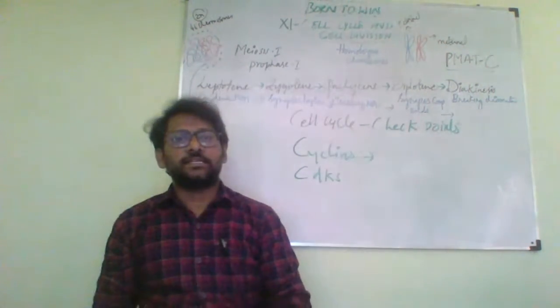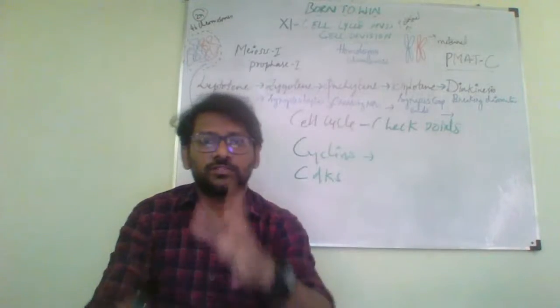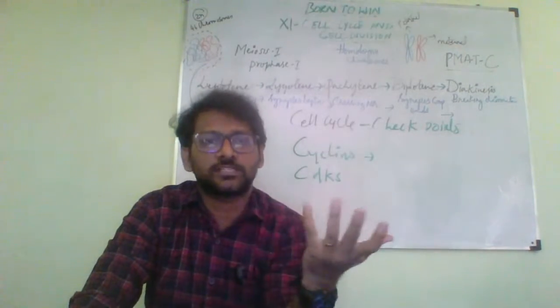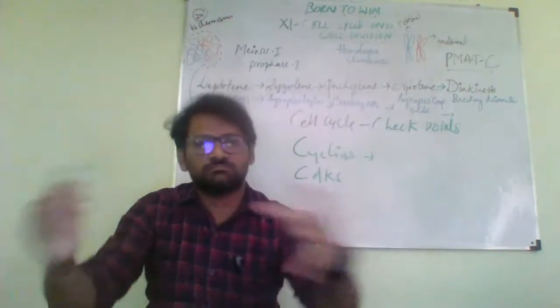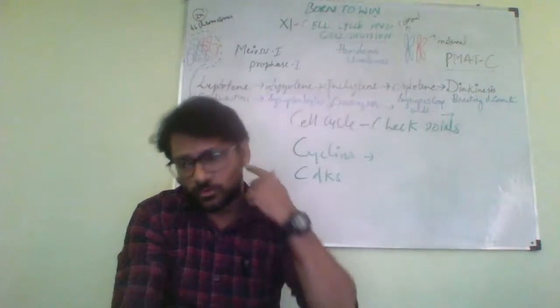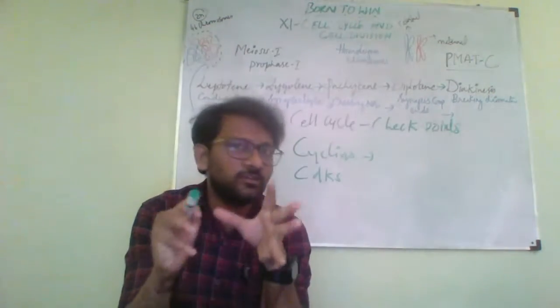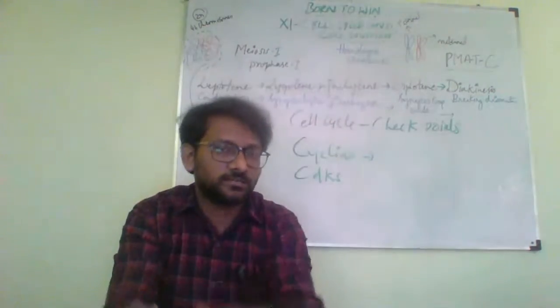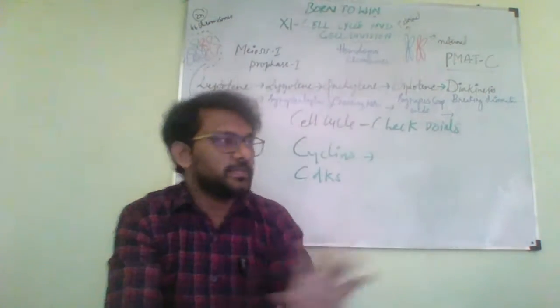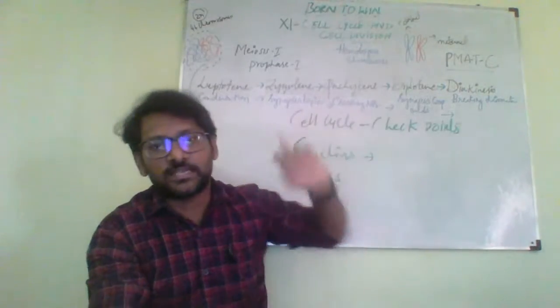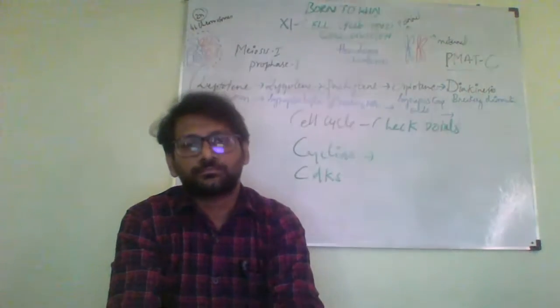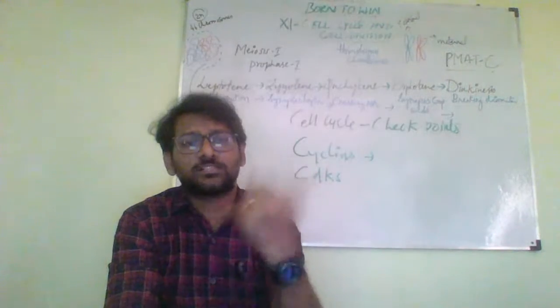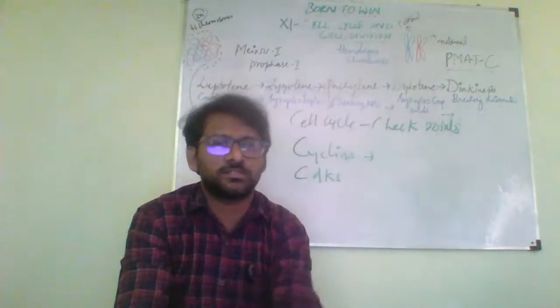The activity of these CDKs fluctuates along with the cyclins. These cyclins are the proteins that regulate the timing of the cell cycle. How long the cell has to be present in that particular phase would be decided by these cyclins, right? Even their levels fluctuate across the cell cycle.